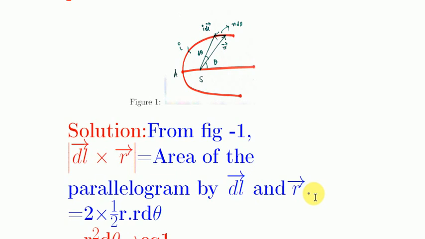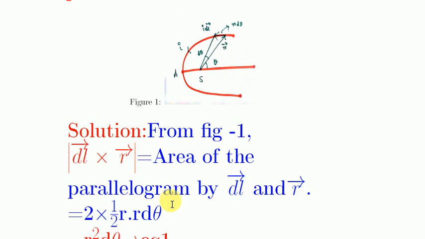From vector calculus we can show it, and that is why if dl and r are two vectors indicating the sides of a parallelogram, then mod of dl cross r is the area of the parallelogram.